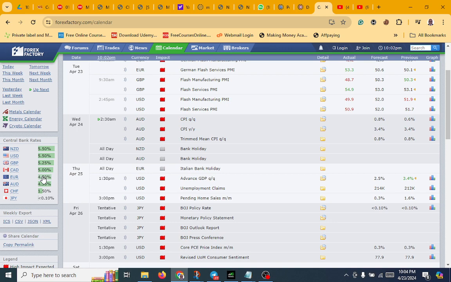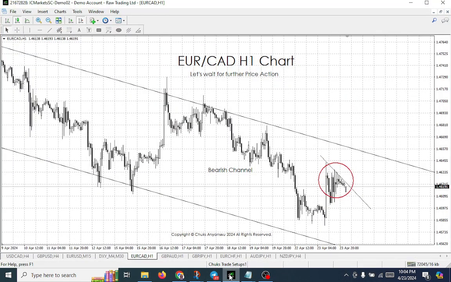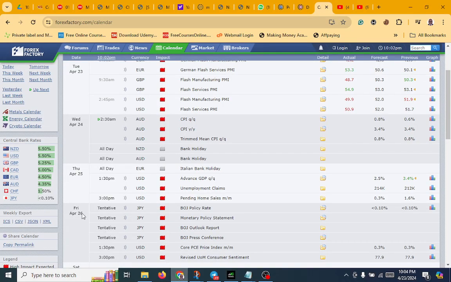So we should expect this instrument to be shorted, going down, because as it goes down, people are selling off Euro and buying Canadian dollar, since the Canadian dollar has a higher interest rate when you look at these central bank rates that have been released.